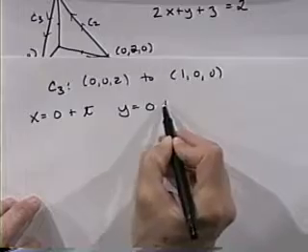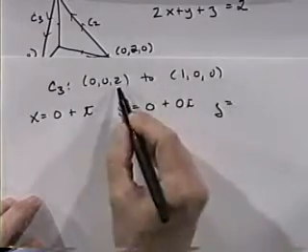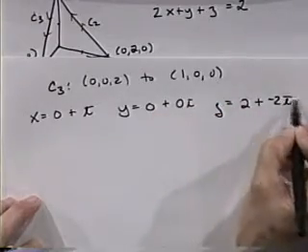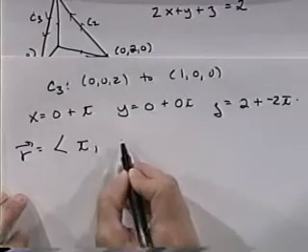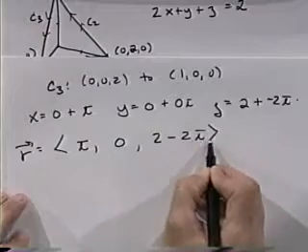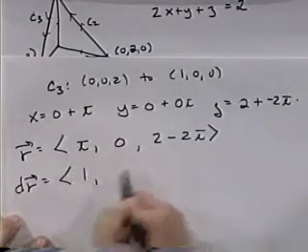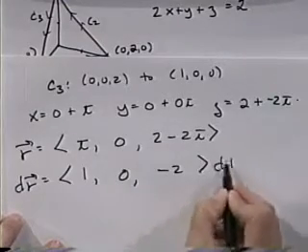Y equals 0 plus 0 minus 0 times t. And z is going to be 2 plus 0 minus 2 is a negative 2 times t. So my r here is the vector t, 0, 2 minus 2t. So dr, differentiating with respect to t, is 1, 0, minus 2 dt.